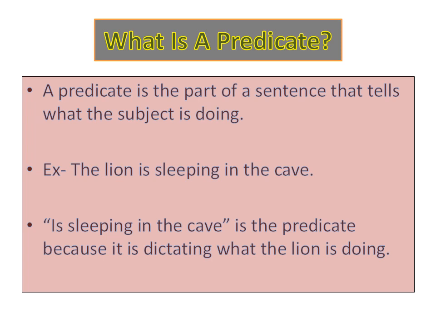As the naughty child looks at others, he focuses on others. The same way, predicate always tells what the subject is doing. The focus point of the naughty child is other students, to find out their mistakes and make a complaint. The focus point of the predicate is the subject, what the subject is doing. Example, the lion is sleeping in the cave.